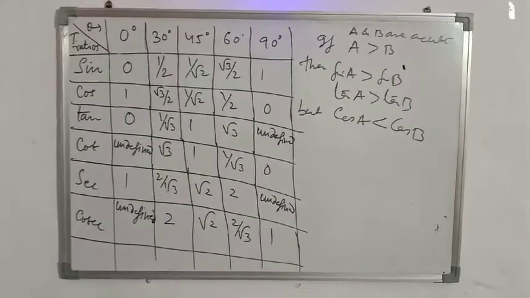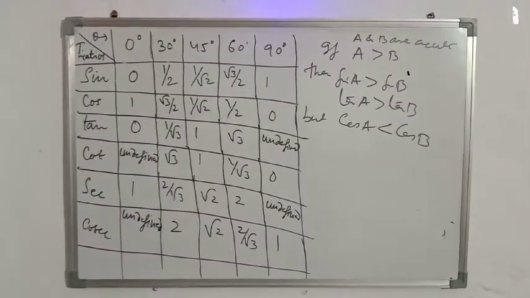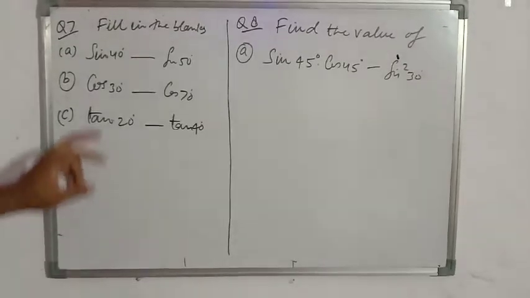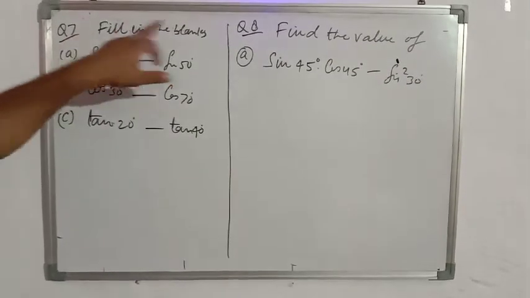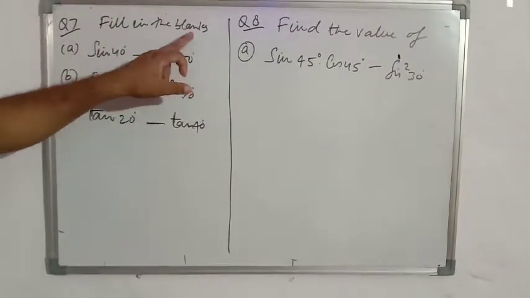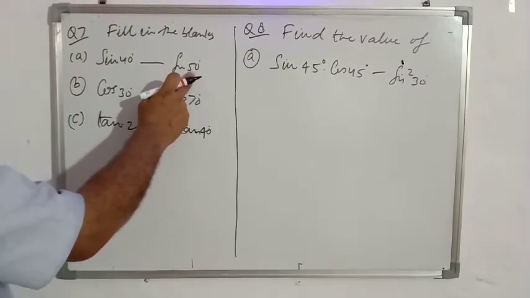Now we will discuss some questions based on the trigonometrical ratios of standard angles. Here I have taken two questions from your exercise, question number 7 and question number 8. Fill in the blanks: sin 40 degree, blank, sin 50 degree.